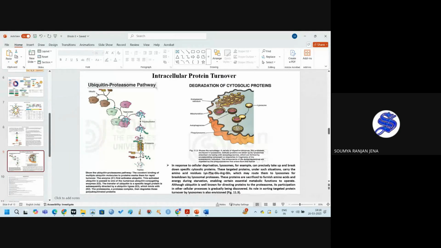This proteasome complex has an enzymatic system, that is peptidase, which will cleave the peptide bonds to release peptides or amino acids. So the target protein, unfolded protein or stress protein is degraded into peptides, and these will be recycled by the cell.